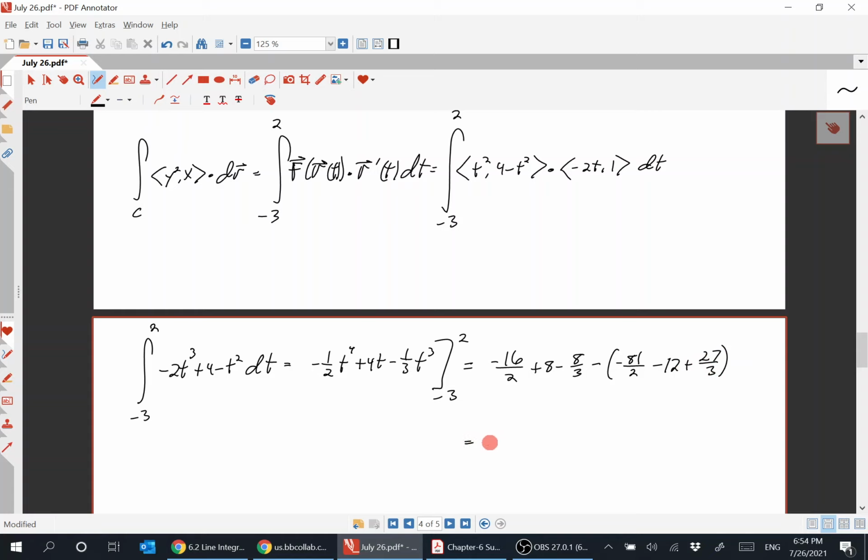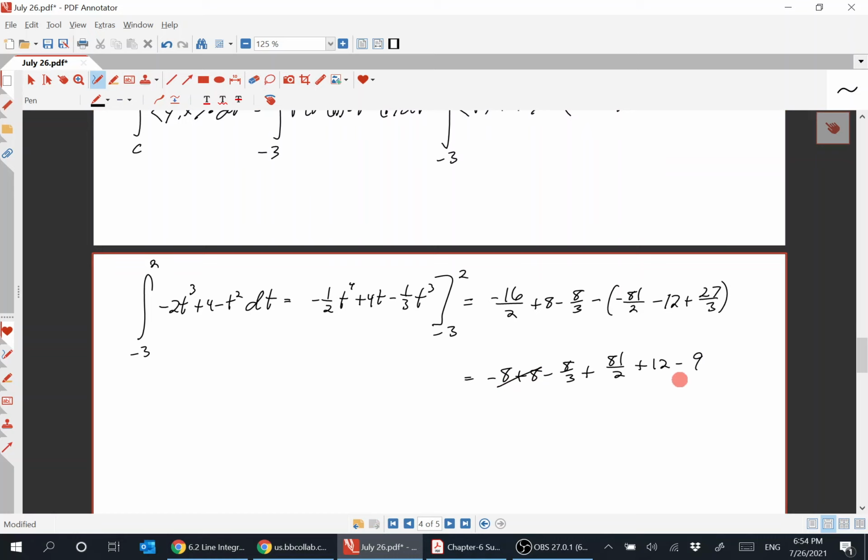So this gives us minus 8 plus 8 minus 8/3 plus 81 over 2 plus 12 minus 27 over 3, which is 9. So that goes away. 12 minus 9 is 3. So 3 minus 8/3 plus 81 over 2.